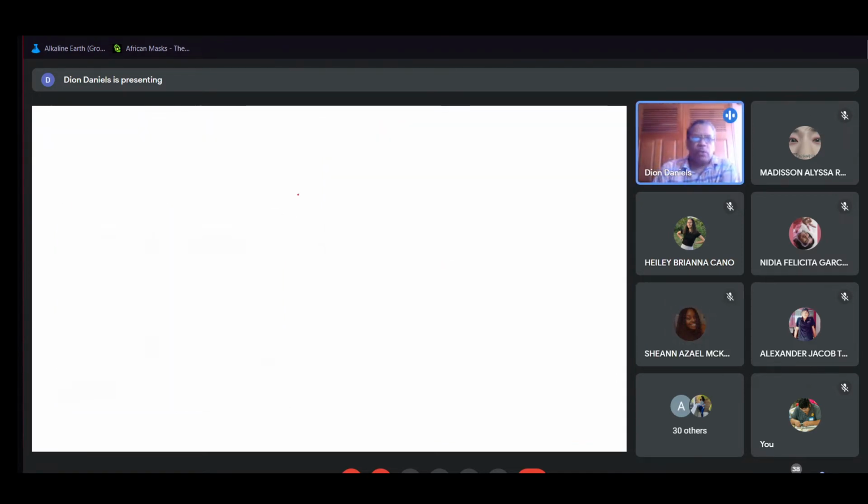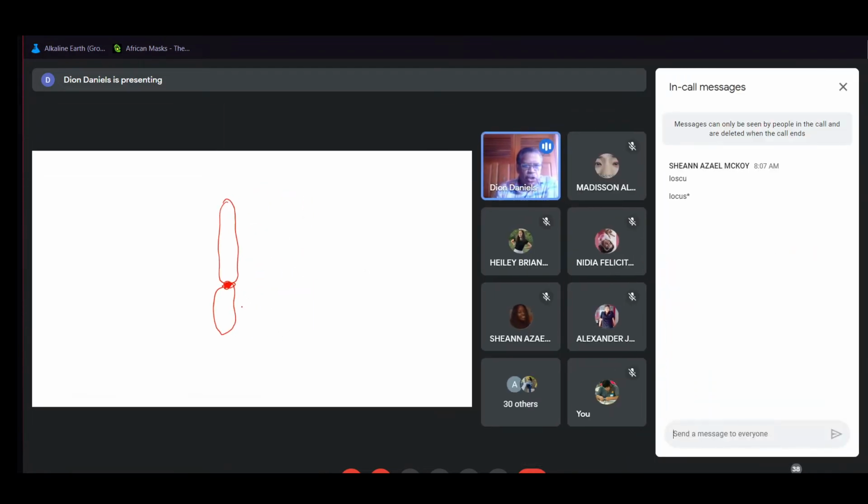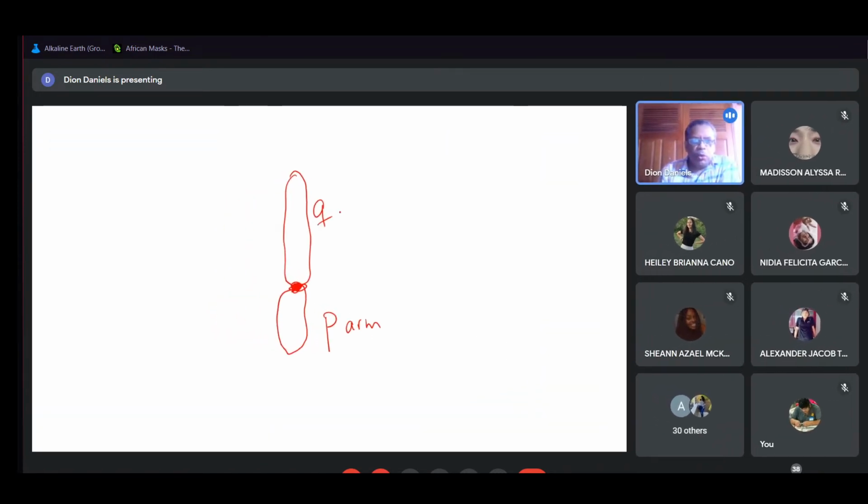Okay, so you have a chromosome here. So this is the centromere, all right? This is the short arm, and this is called the P arm. The short arm is called the P arm, and the long arm is called the Q arm, okay?